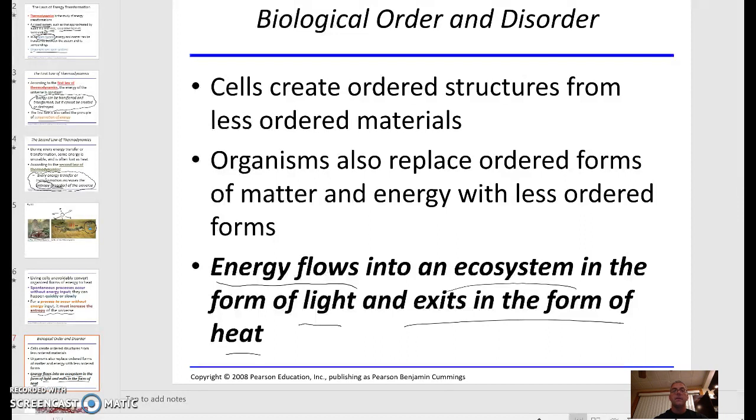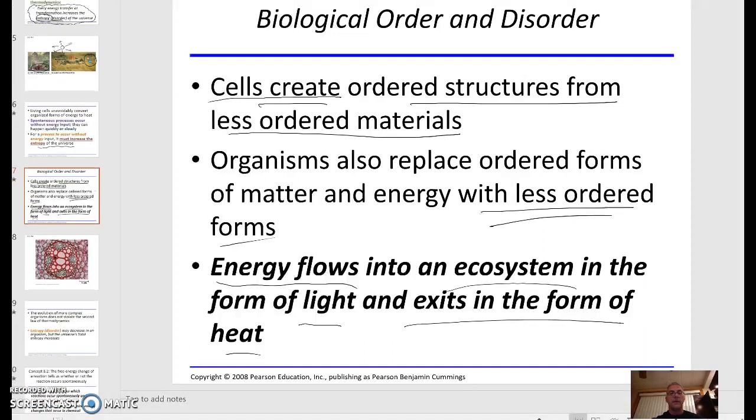So the idea is that the organisms and cells in general make order from less ordered materials, because we obviously involve smaller components to become more complex, but putting those things together, the sum total of all of those transformations leaves the universe with less ordered forms of energy.